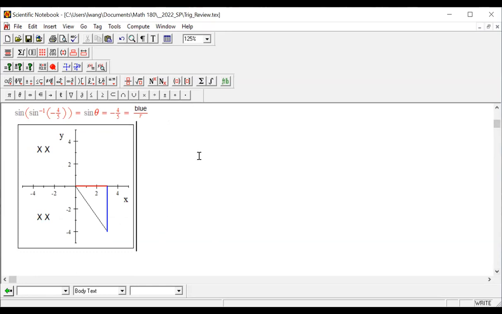The second one is cosine of arc cosine 3/5.